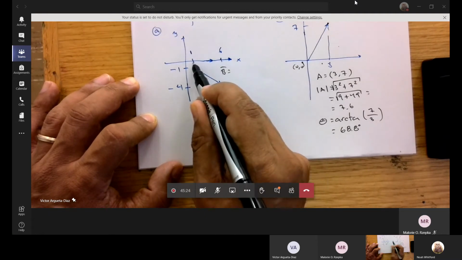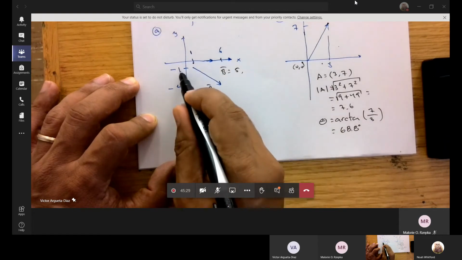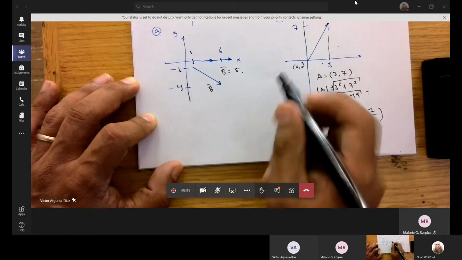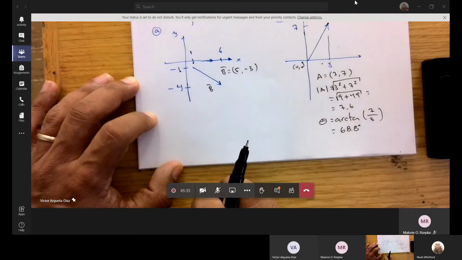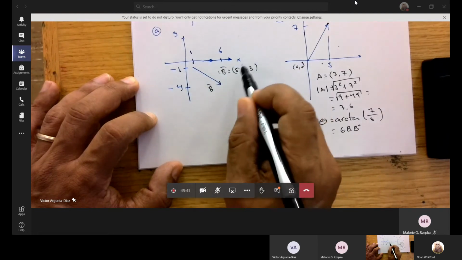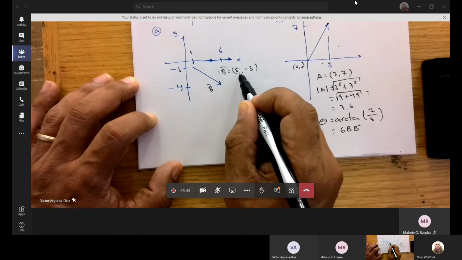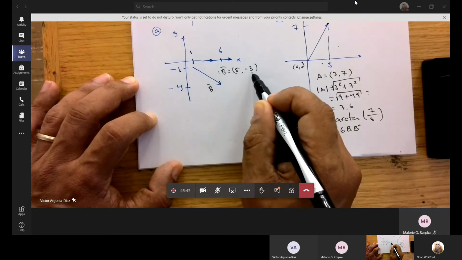So in the X it will be 5, and in the Y, final minus initial, that will be minus 3. So those are the components of vector B. It has a positive component of 5 in the X direction and a negative component of minus 3 in the Y direction.